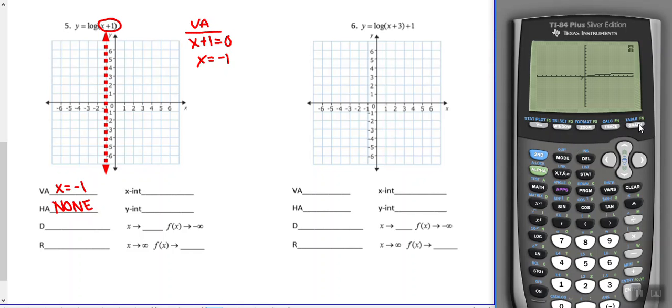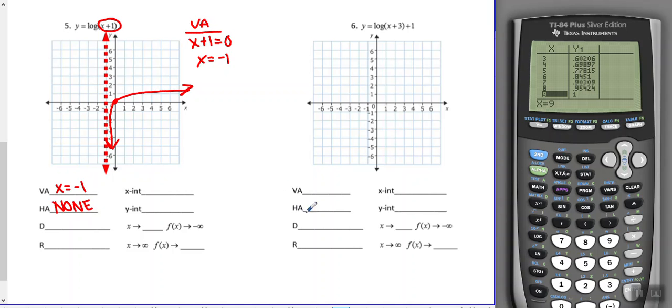So we hit second graph to get our points. So I have 0, 0. And anything else? I have 9, 1, but again, my graph doesn't go to 9. So we curve it this way, and we curve it along the asymptote.